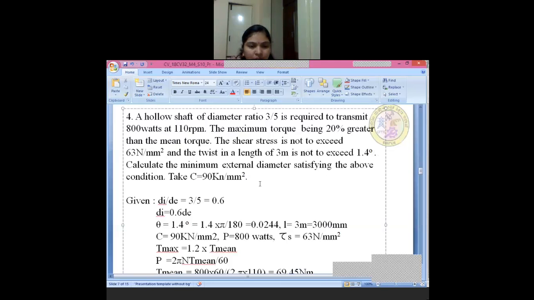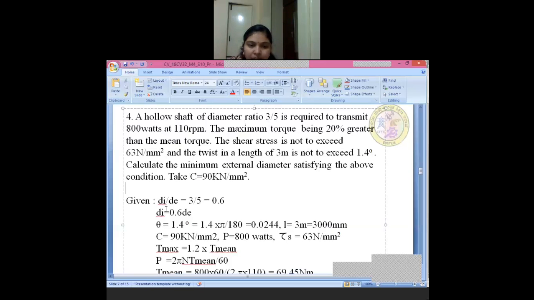Calculate the minimum external diameter satisfying the above conditions. Take C is equal to 60 kilonewton per mm square.